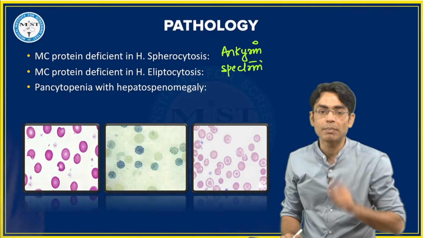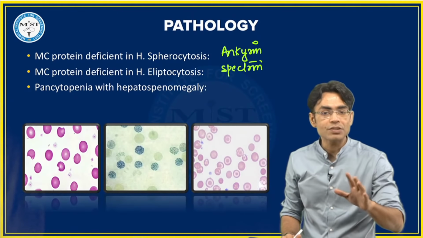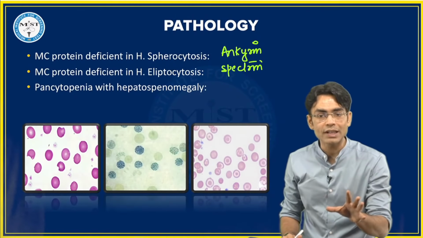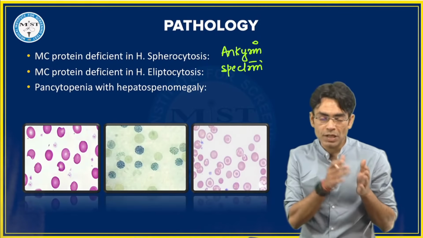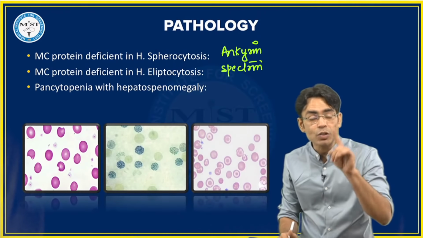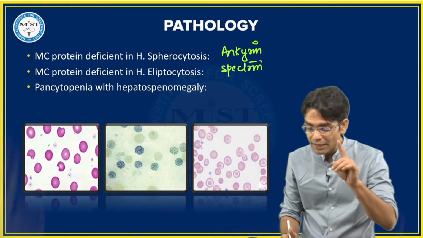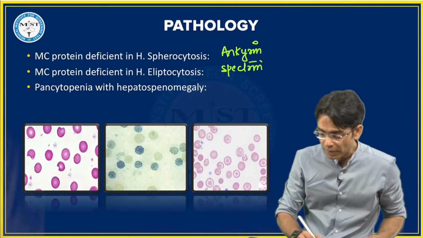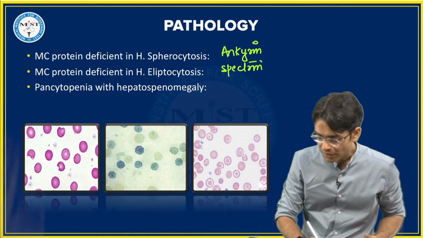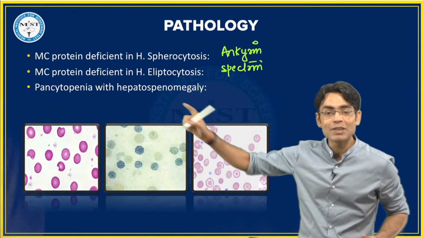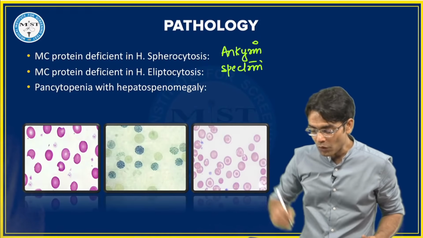Pancytopenia with hepatosplenomegaly. This question has come in various ways in your exams: a patient is having pancytopenia but hepatosplenomegaly is seen. Then what will be the correct answer?